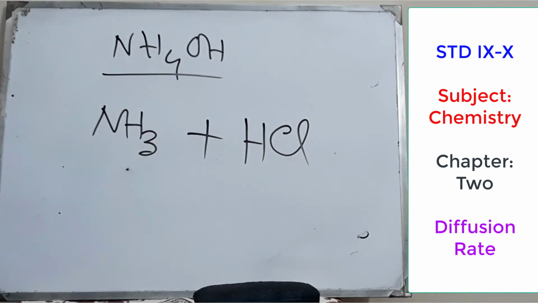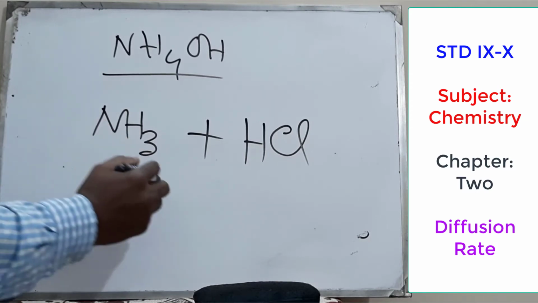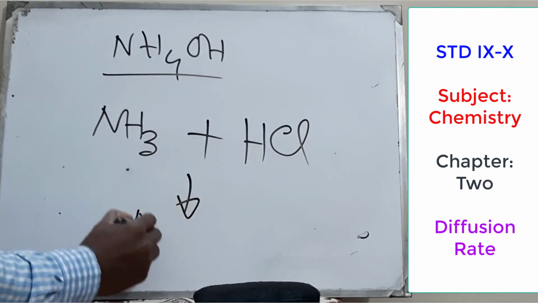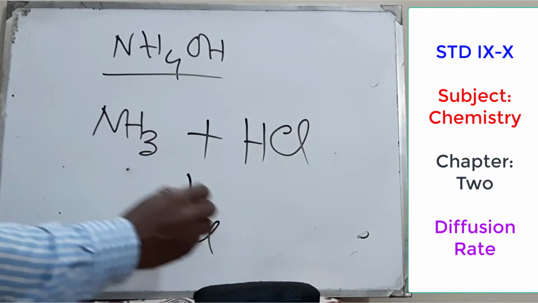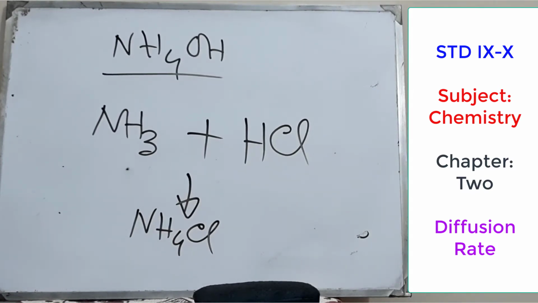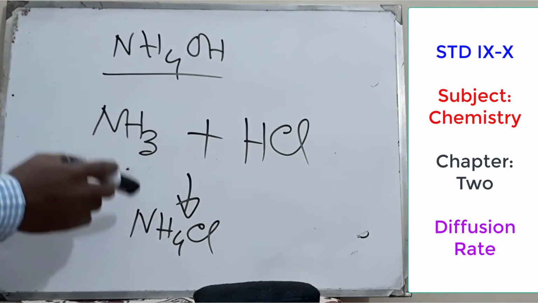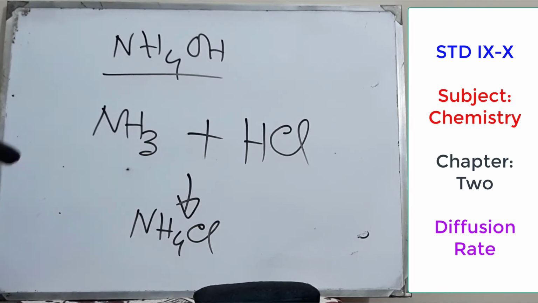So when these compounds meet each other, they will form a salt, ammonium chloride. Ammonium chloride will be formed. So this is a compound. For this compound, white smoke was produced.